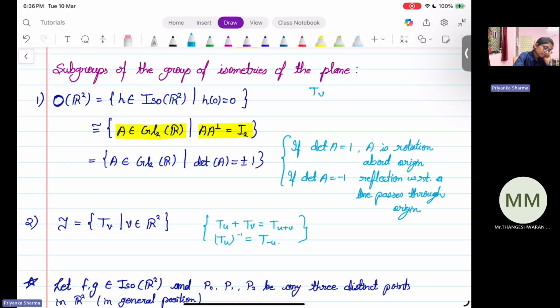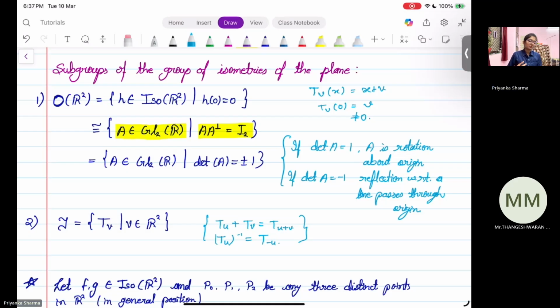If we have T of v, it will map some x to x plus v. Then obviously T_v of 0 will be mapped to v, not 0, unless v is 0.